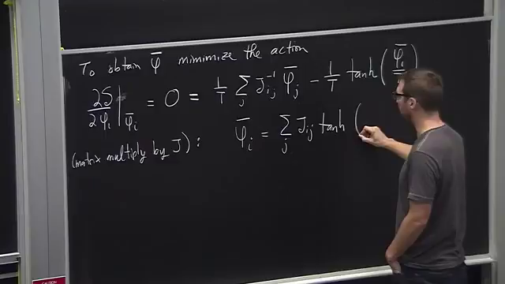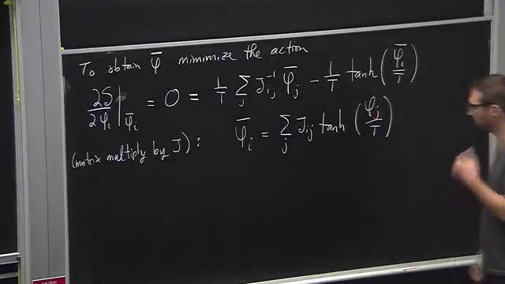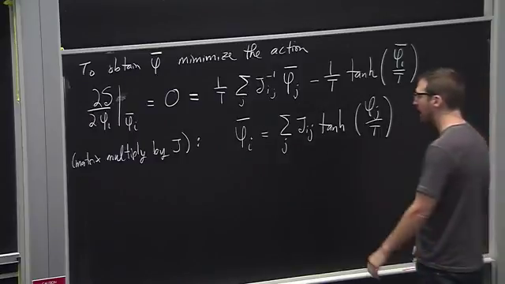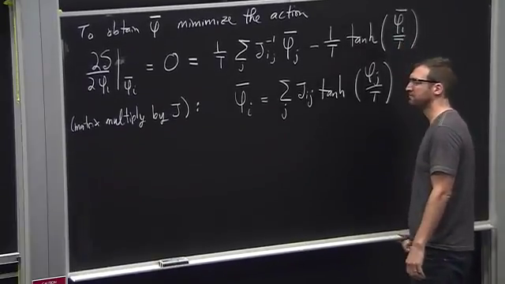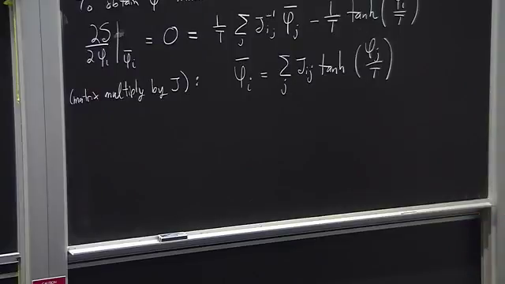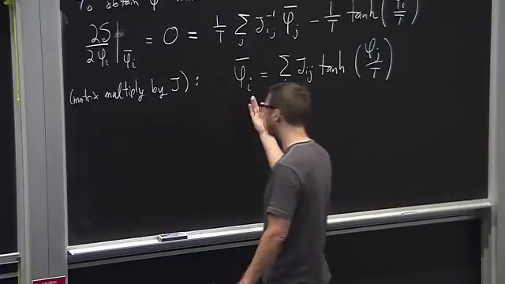I need a J in here then. If you have translational invariance, then things simplify. The site index shouldn't matter.